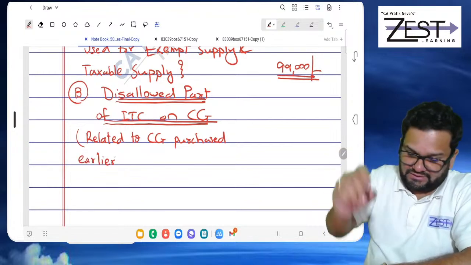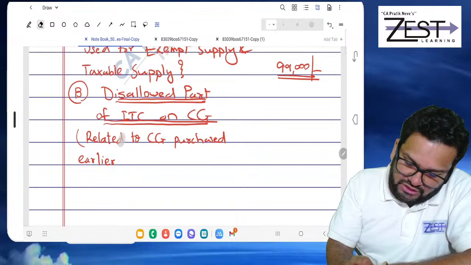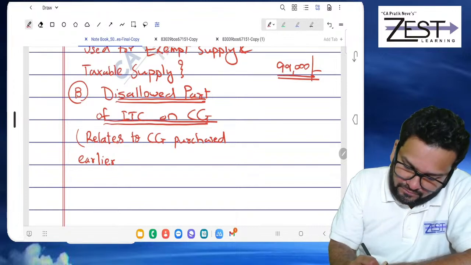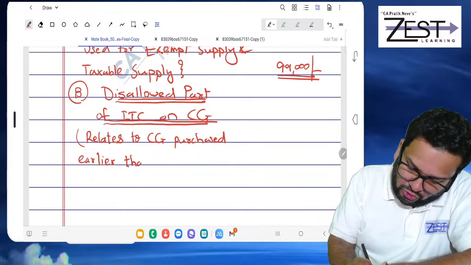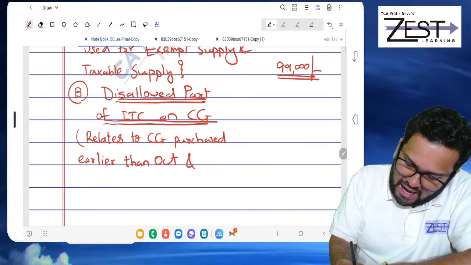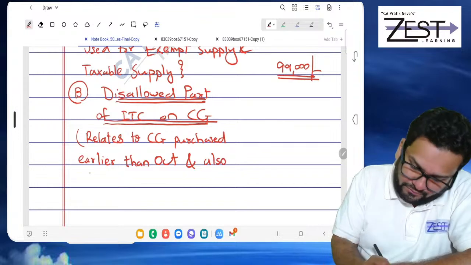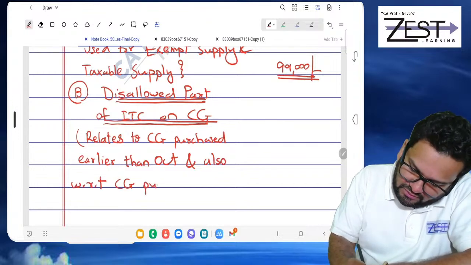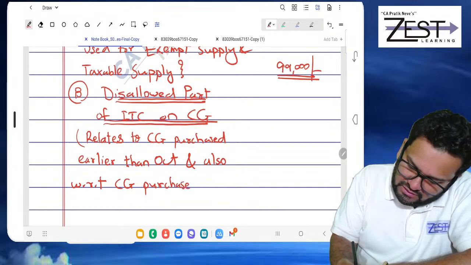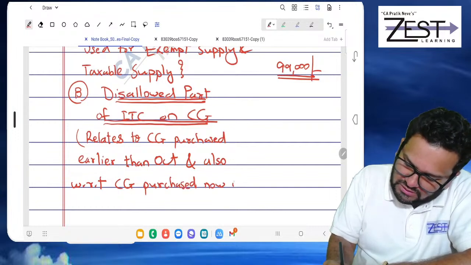It relates to CG purchased earlier than October, and also with respect to CG purchased now in October.